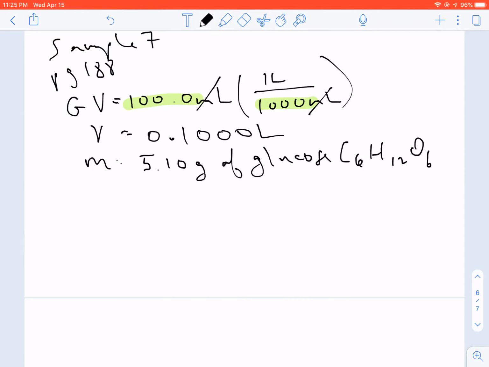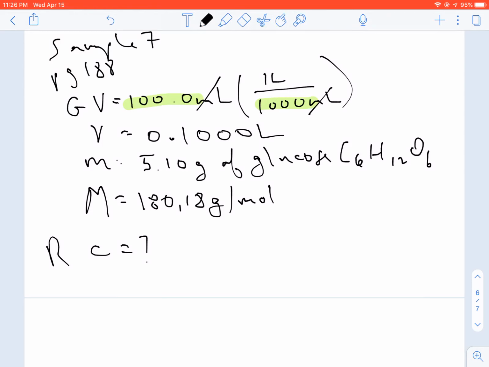It says the molar mass for glucose is 180.18 grams per mole. Molar mass, that's capital M. Again, from all the work we've been doing this week, it's 180.18 grams per mole. And my required to find here is the concentration.